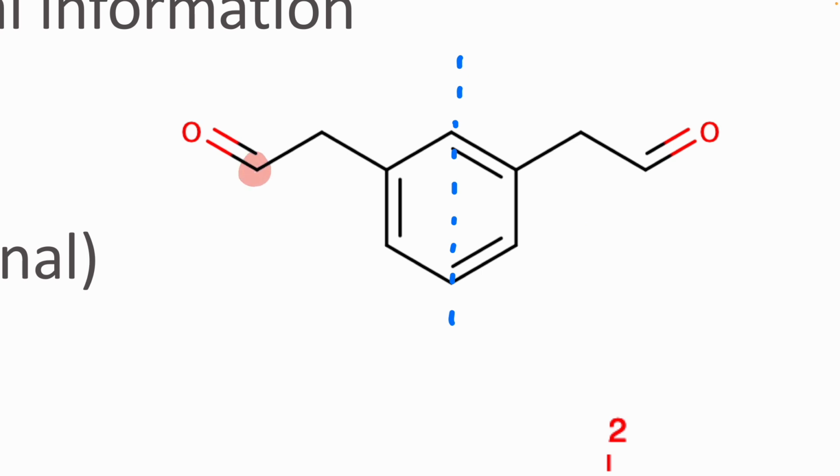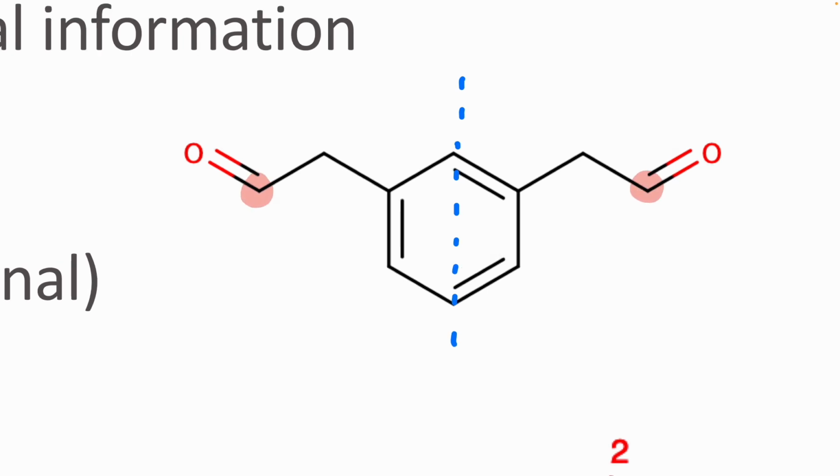That means that these are in the same group. These ones are in the same group. These are in the same group. Am I going to run out of colors? These are mirror images.